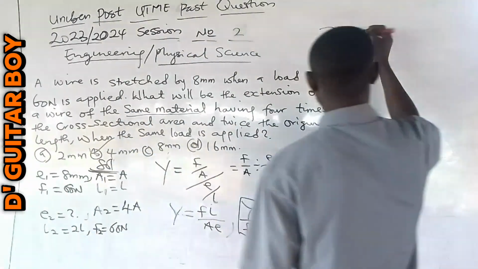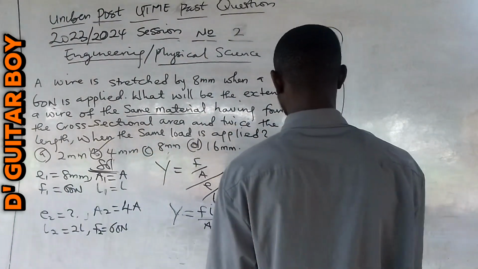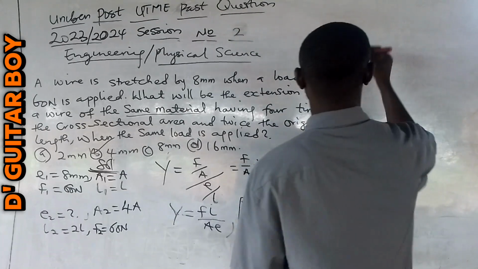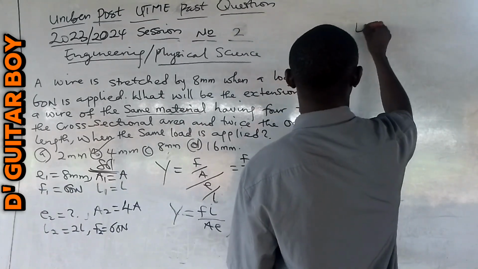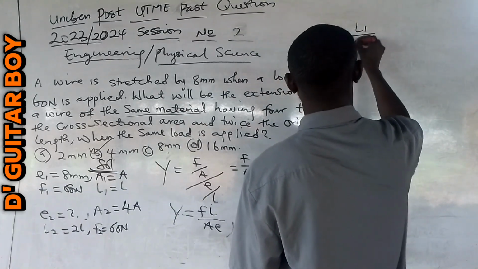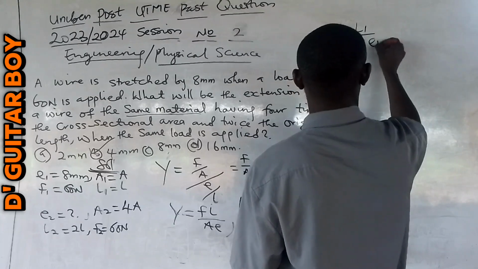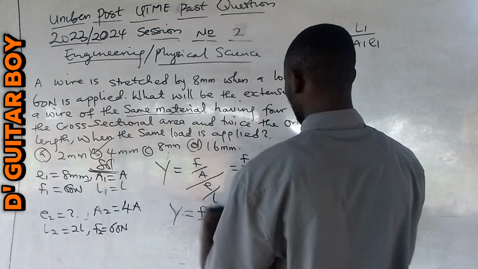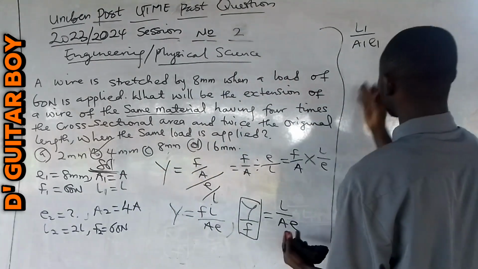From this formula we have here now, we cannot write our equation to be L1 all over A1 E1. Why? Because of the two parts. So without getting here first, we cannot write this.